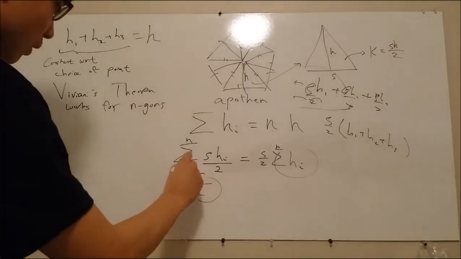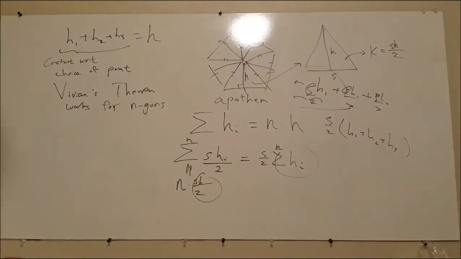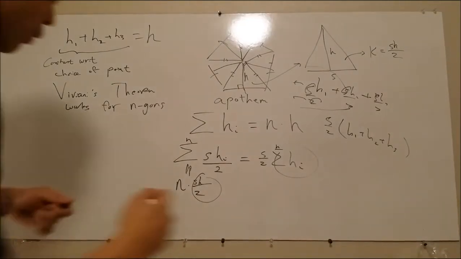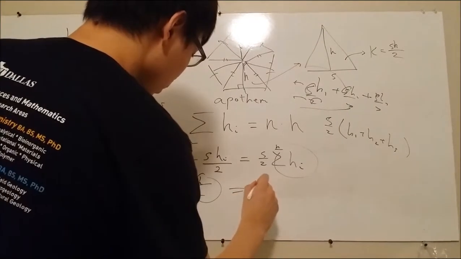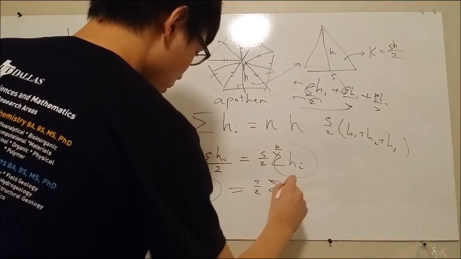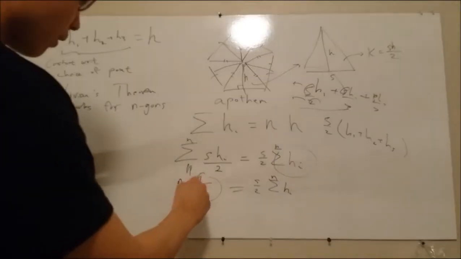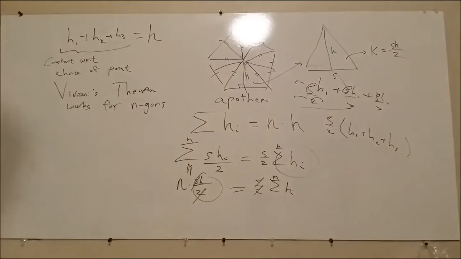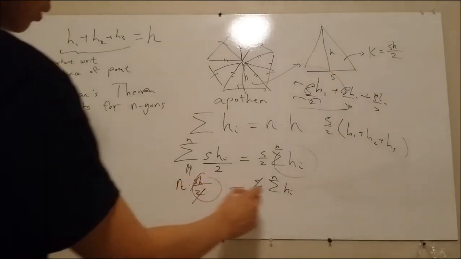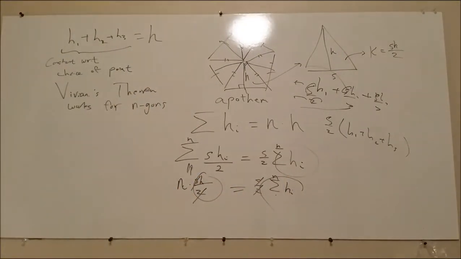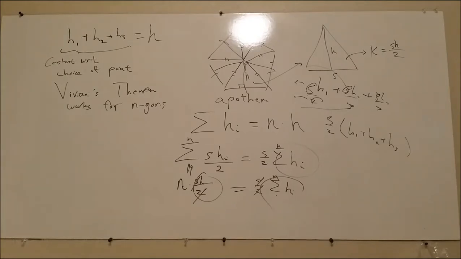So this area is equal to that. So this is equal to s over 2 times that. Now we can cancel out s over 2, and we're done. n times h is equal to the sum of the distances. So it turns out that Viviani's theorem generalizes pretty strongly to equilateral n-gons, not just 3-gons.